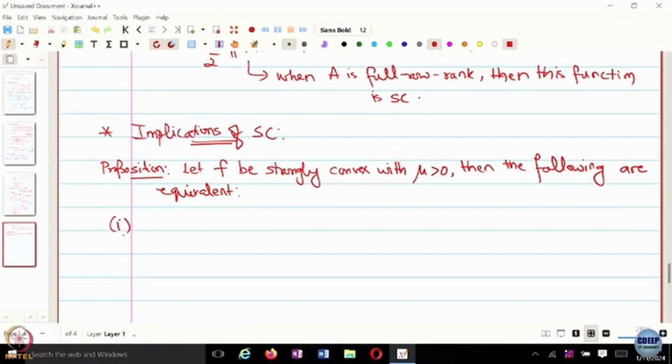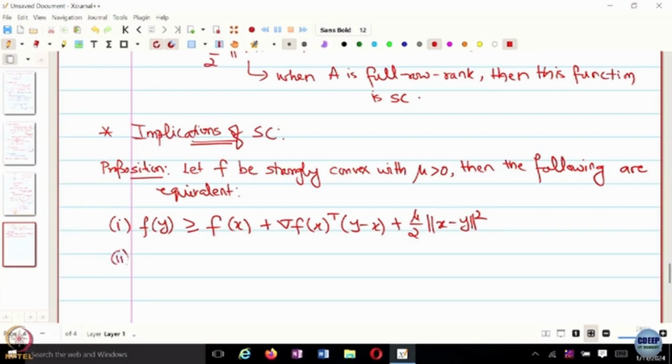So the first condition is the usual definition of strong convexity, which is f of y. So if I consider the function g of x defined to be f of x minus mu over 2 norm x square.